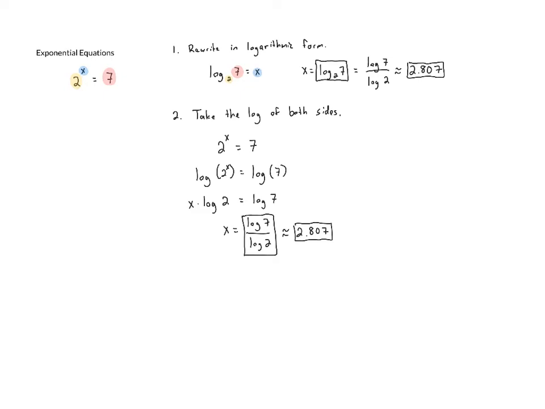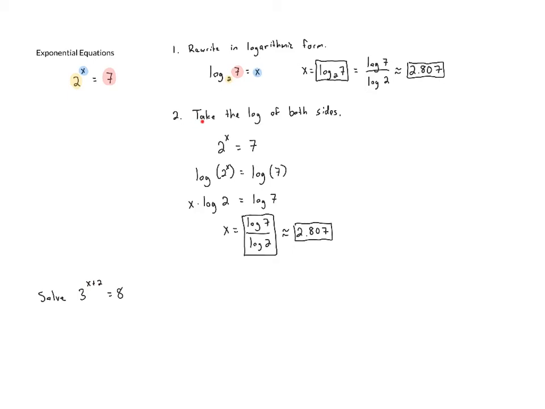Now I want to do 2 more examples right now, just so that we can get a little bit more practice. First, let's solve 3 to the x plus 2 equals 8. This is another example of an exponential equation because we have a variable inside the exponent.